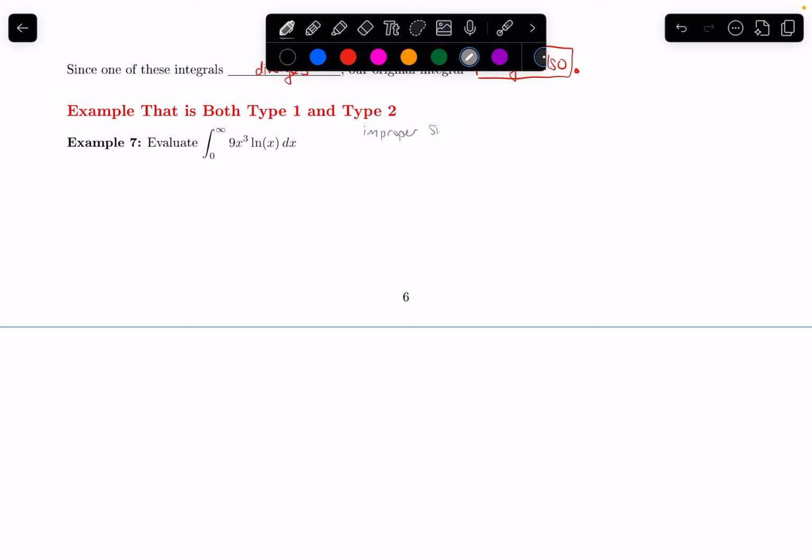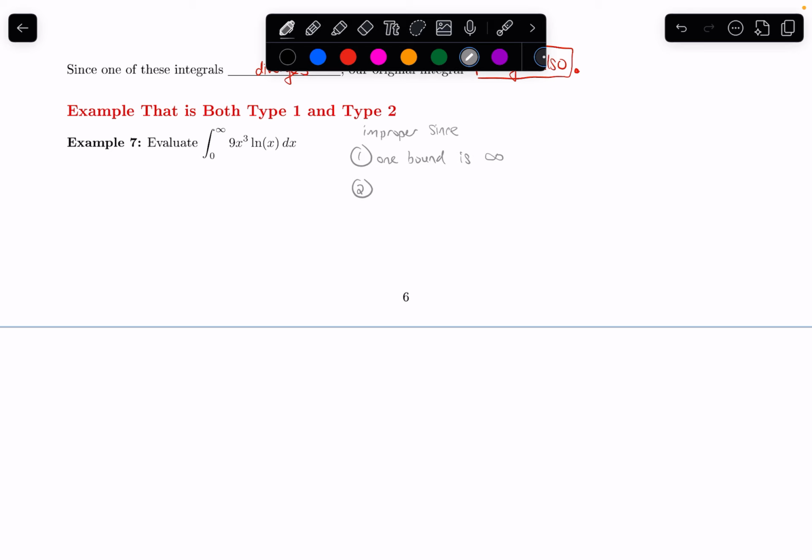So it's improper since, one reason is that this interval is infinitely long. So one bound, or sometimes I call it a limit of integration, is infinity. That's one reason this is improper.